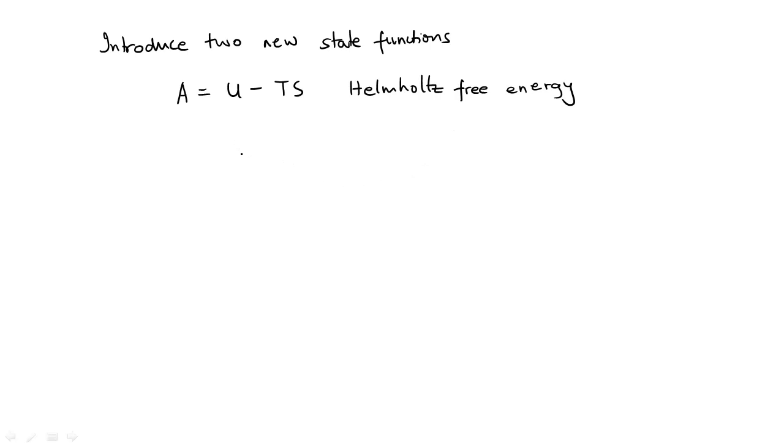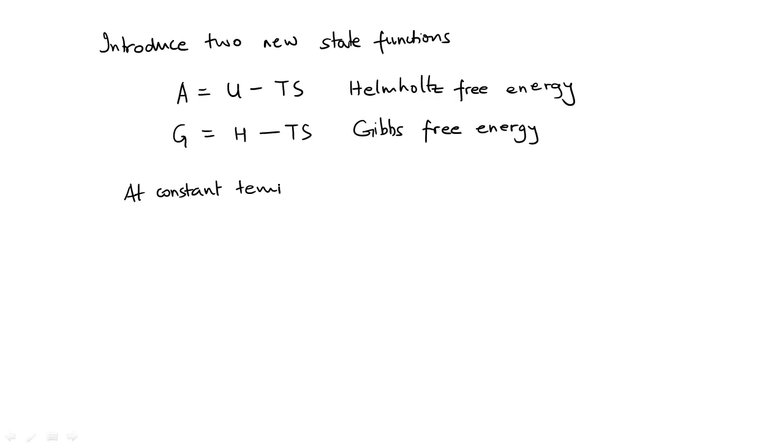And the second state function is called the Gibbs free energy and denoted as G and defined as H minus TS. We can see that at constant temperature, the change in Helmholtz free energy dA is equal to dU minus TdS, and the change in the Gibbs free energy is equal to dH minus TdS.